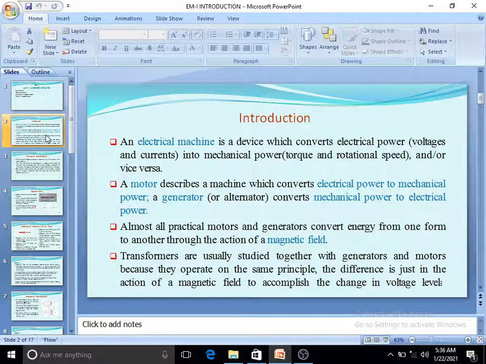One more device we need to focus on is the transformer. If you compare the transformer and these transducers, both operate on the same principle; the difference is the action of the magnetic field.